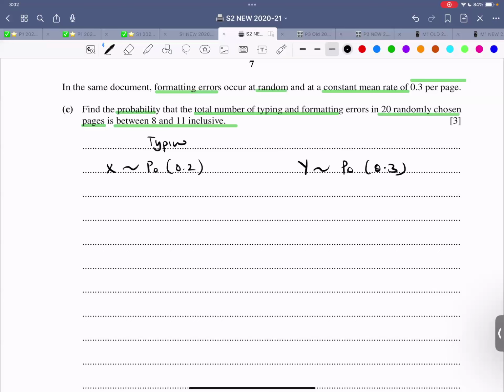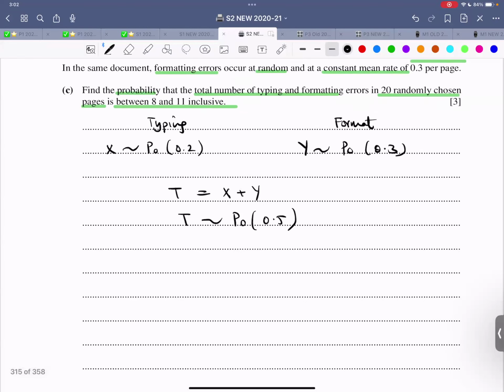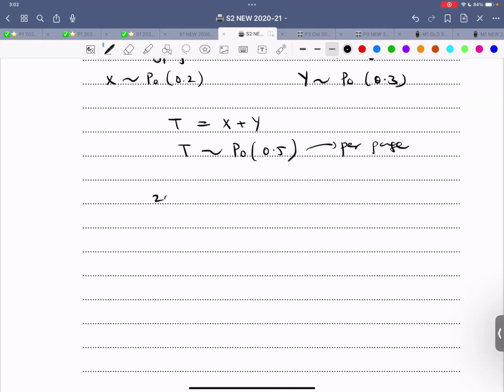This is typing errors, this is formatting errors. So the total is X plus Y, which also follows a Poisson distribution with 0.5. Now this is per page. How many pages are there? 20. So 20 into 0.5 comes out to be 10. So T follows a Poisson distribution with 10.